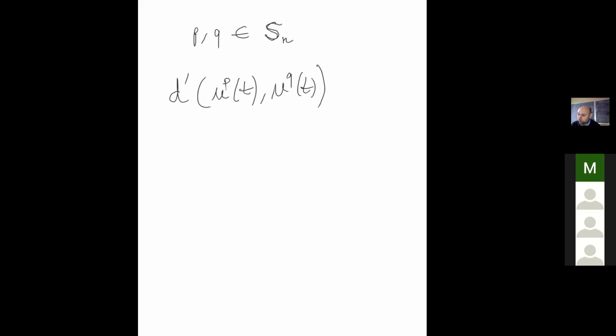Okay, that's a good point, we're going to use the Lipschitz hypothesis. But you see, that's not the same function, so you have to bring it to the same function.